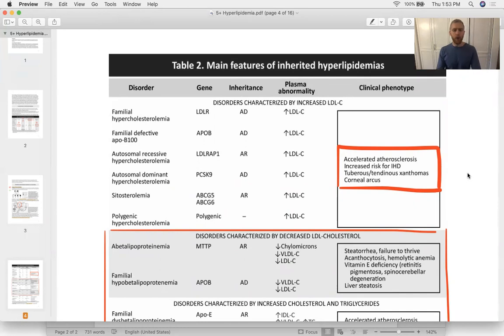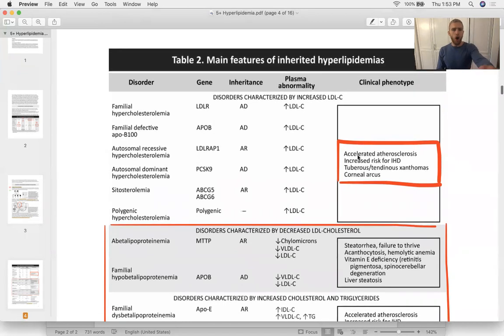And I wanted to quickly mention that all of the type 2As have this very broad presentation of premature atherosclerosis. So we're talking about 30-year-olds, 40-year-olds with these atherosclerotic events such as stroke or ischemic heart disease at an early age. They present with xanthomas, which we will get to at the end of this SDL.